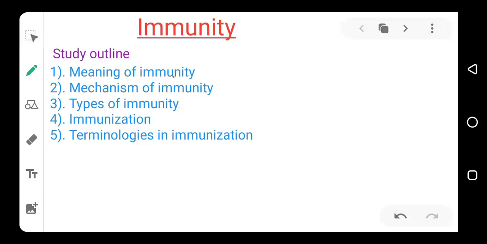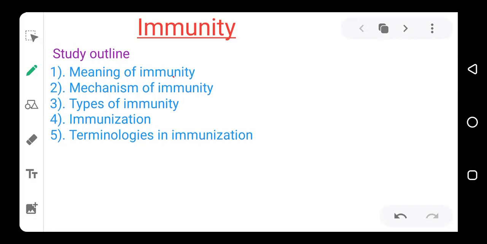You've probably heard people saying that someone has a low immune system when the person always gets sick, and that someone that doesn't get sick easily has a strong immune system. So immunity is all about the defense mechanism in the body against diseases.